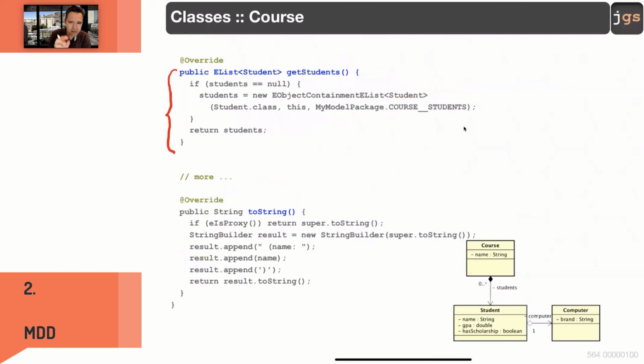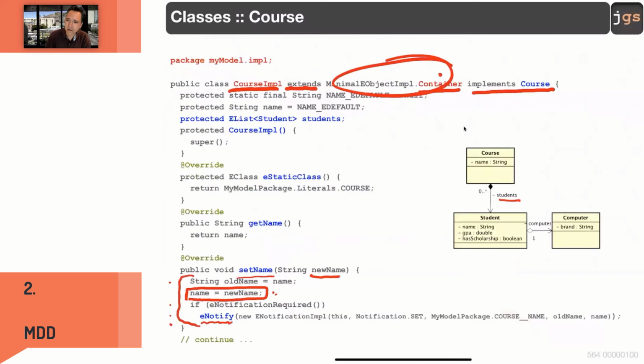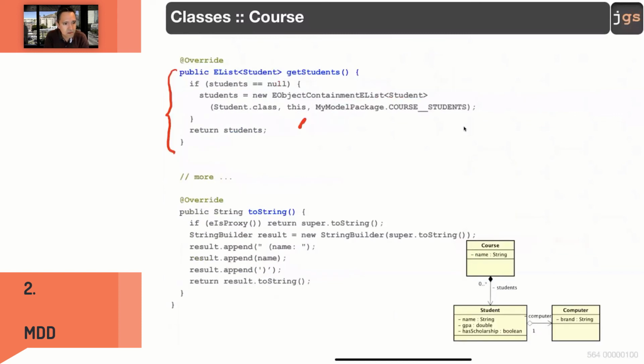Same class. Did you notice what is happening inside of the getter? I have my class Course. I have this list of students, and this is the getter for the students. Did you notice the fancy source code?